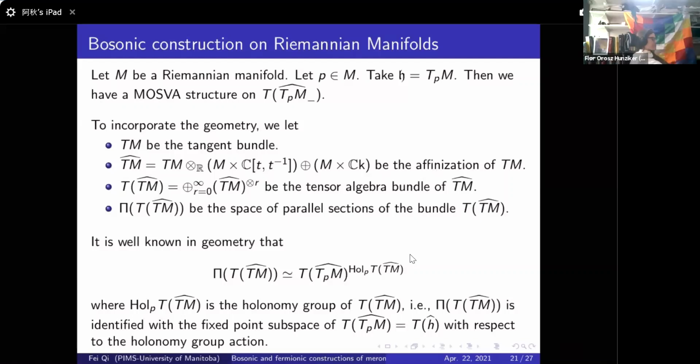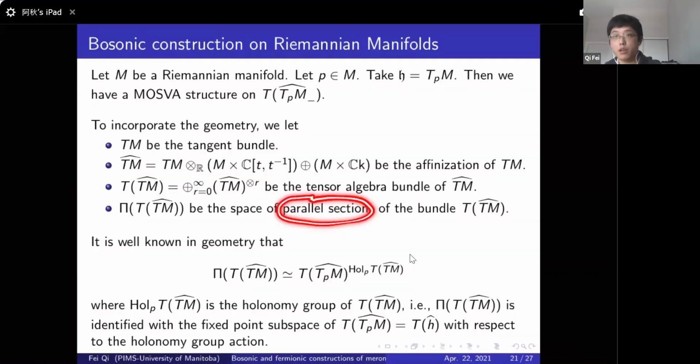Yes. Okay, so it's pretty well known in geometry that the space of parallel sections can be identified with the fixed point subspace of the fiber of the tensor algebra bundle with respect to the holonomy group action. So it's going to be a subspace of something.